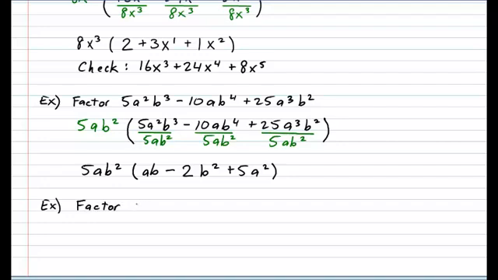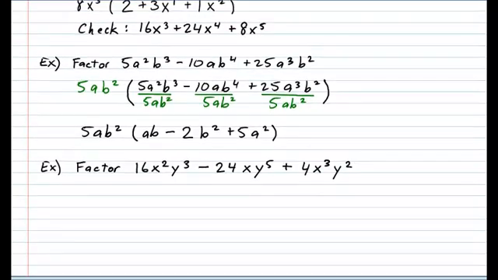Factor 16x squared y cubed minus 24x y to the 5 and plus, how about 4x to the power of 3 y to the power of 2. I would like you to pause the video now and give it a shot.